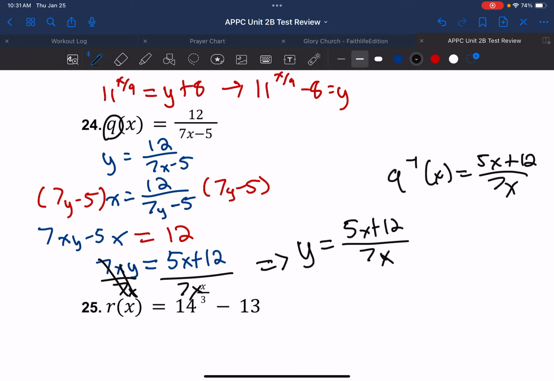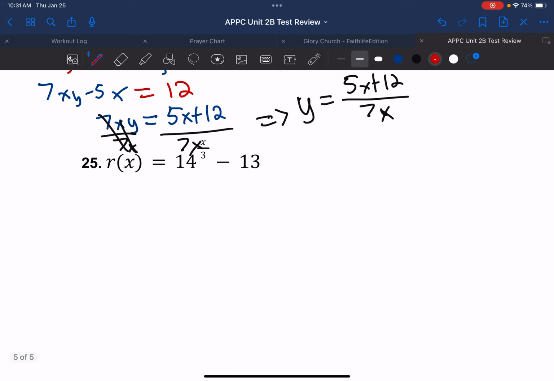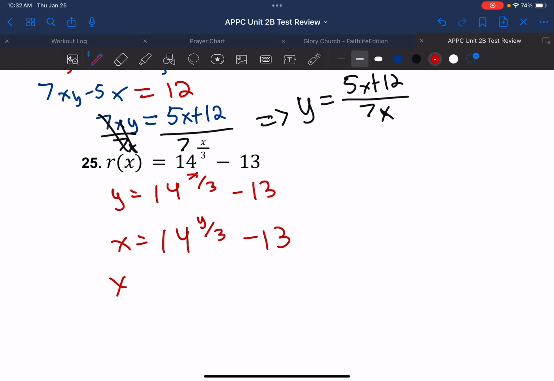Alrighty. And the last one here, we've got 14 to the x over 3 minus 13. So let's rewrite this. I've got y equals this. And I'm going to switch x and y. I'm going to add the 13 over first.